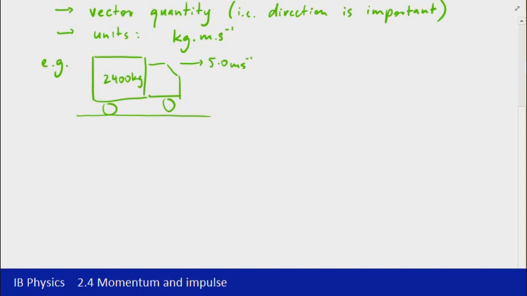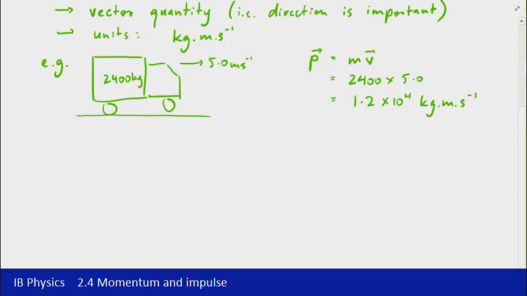We could then calculate the momentum, a very straightforward calculation, mass times velocity. The mass being 2,400 and the velocity being 5 meters per second to the right would give us a momentum of 1.2 × 10^4 kilogram meters per second.